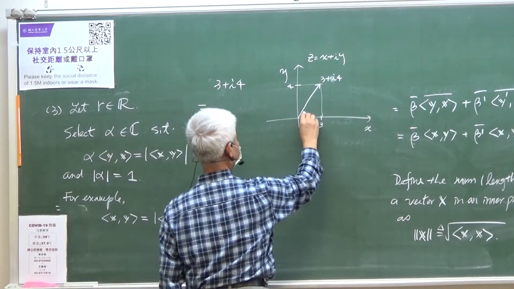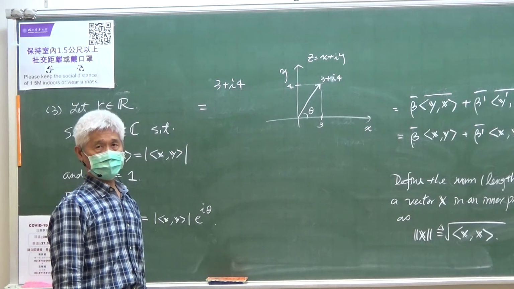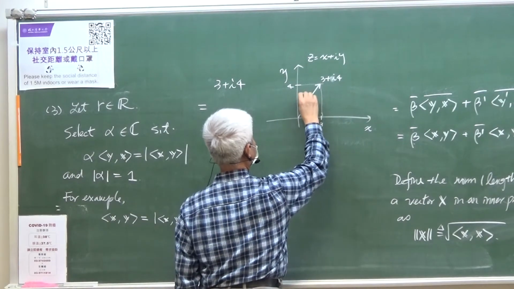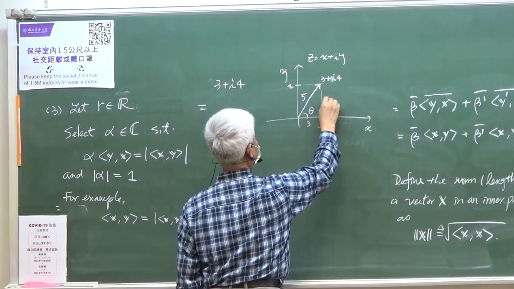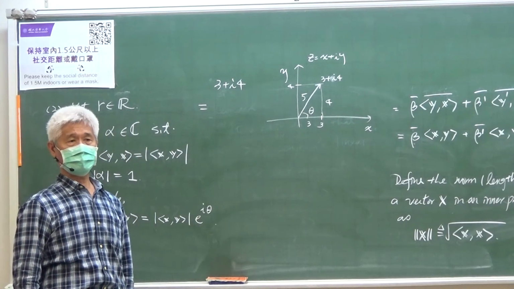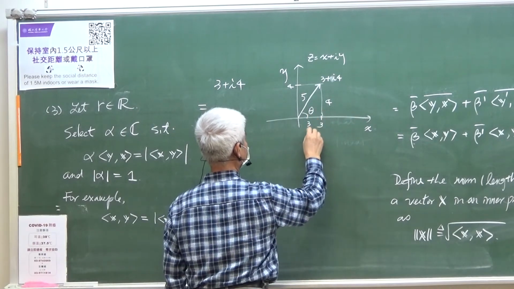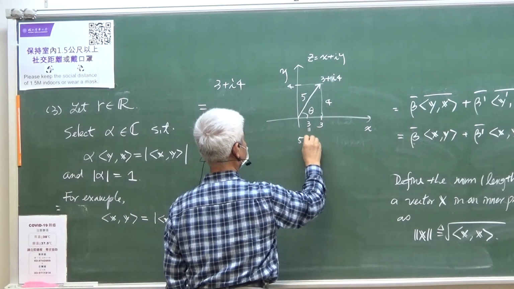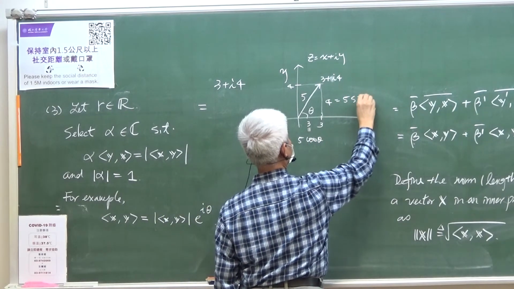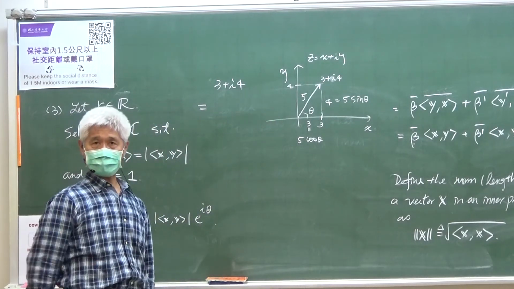And we have the angle. The length is 5 because of the Pythagorean triangle, right? And the theta: 3 is equal to 5 cosine theta, 4 is equal to 5 sine theta. So you know what is theta, right?